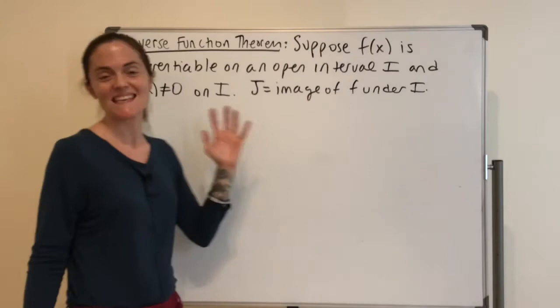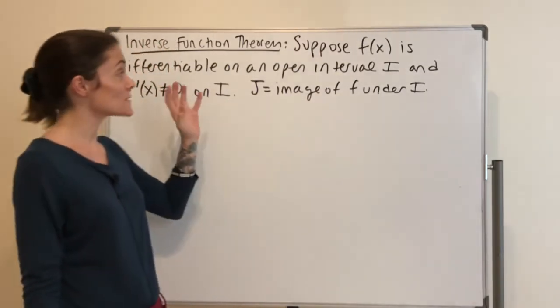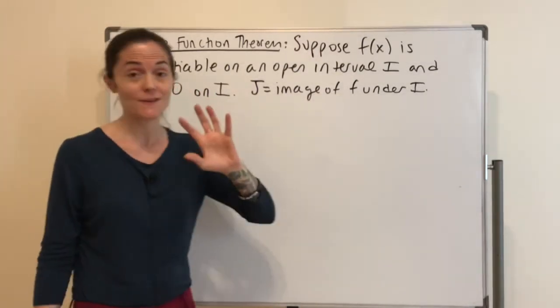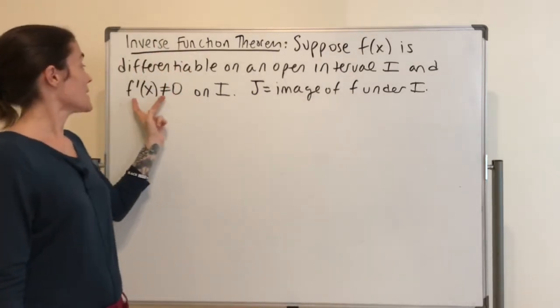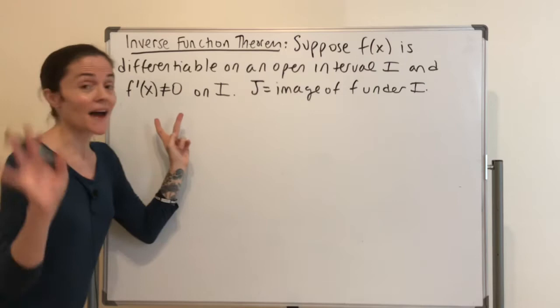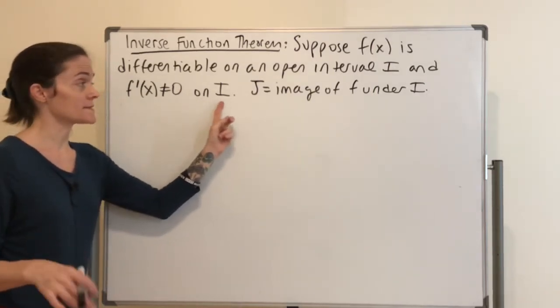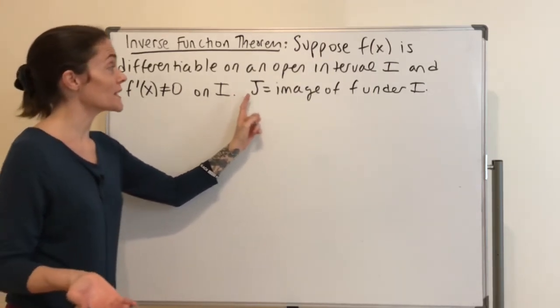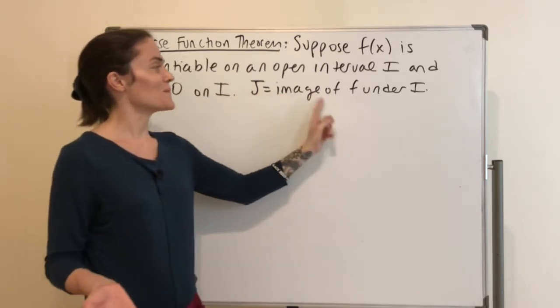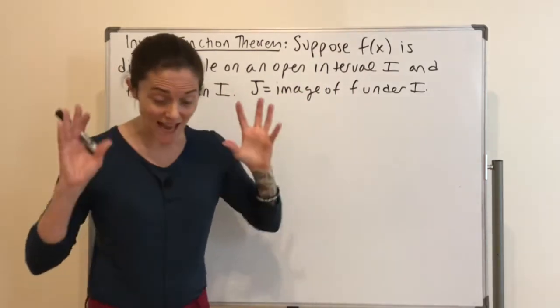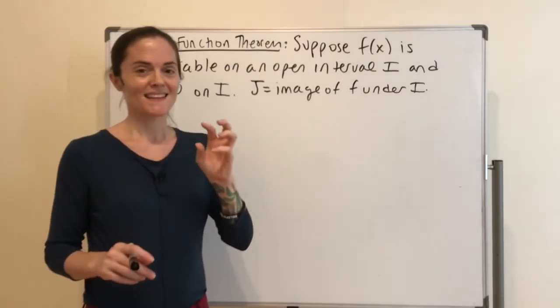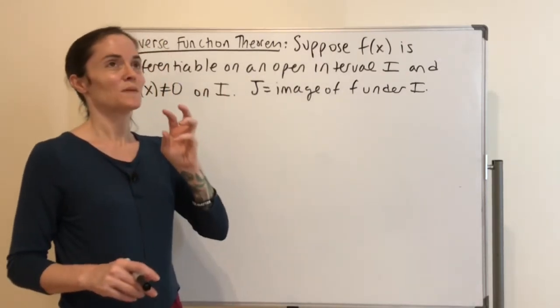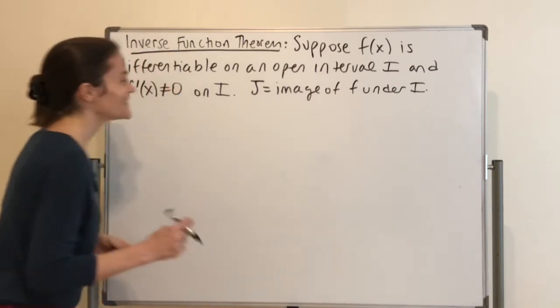And this is the inverse function theorem. So suppose f of x is differentiable on an open interval I, and the derivative is not equal to 0 on this open interval I. Then we let J be the image of f over I. So J is, well, it's the range if you consider the restricted domain being I, okay?